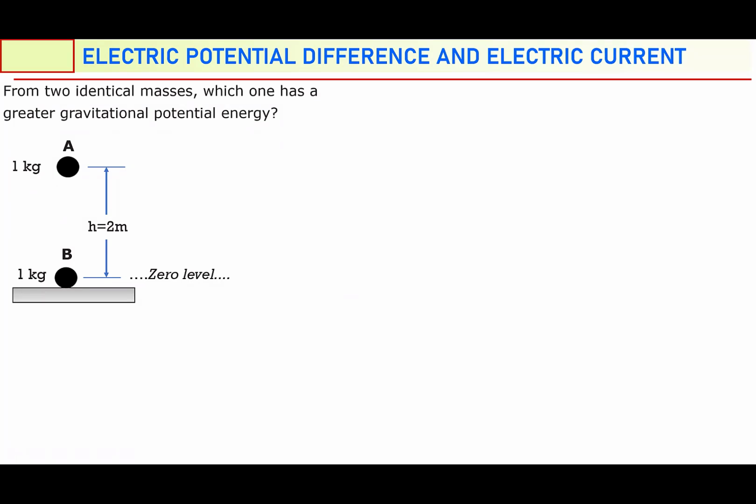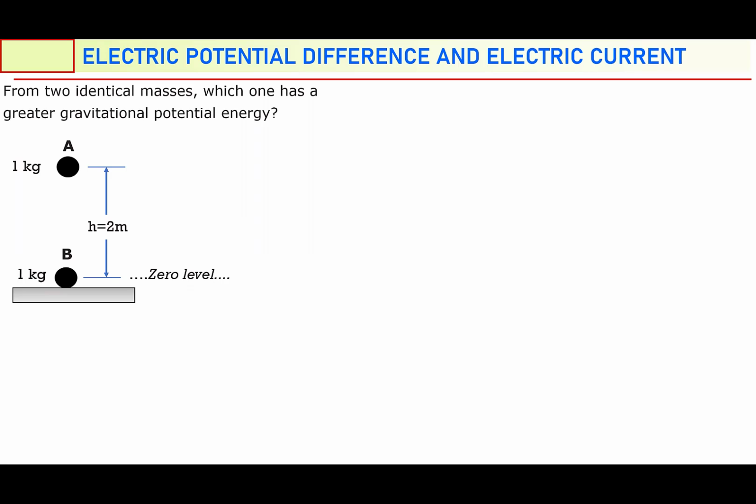I will again talk about the similarities between gravitational field and electric fields. They are not the same thing, but their behaviors are very similar. So I will start by asking you some questions about gravity.